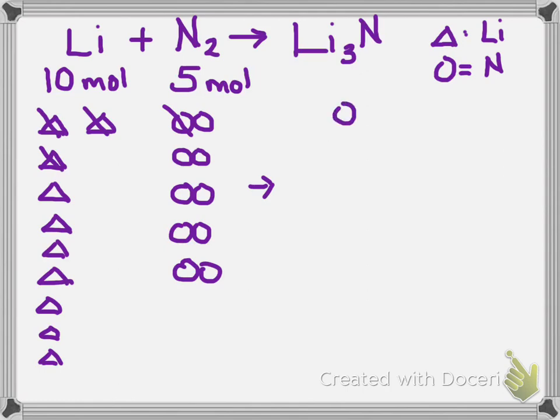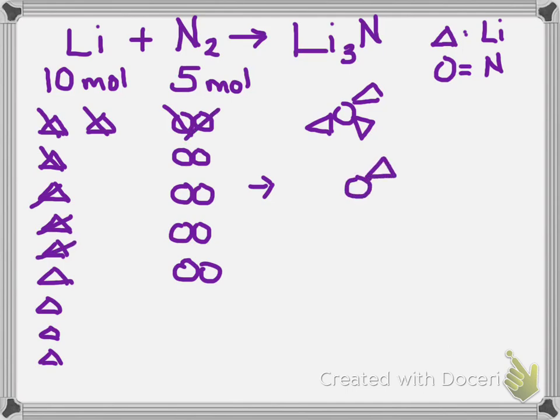What you'll see is that I'm connecting. I have 1 nitrogen and then 3 triangles are the lithium. I'm going to keep doing this until I run out of things to put together. So if I'm going to make another lithium nitride, I would do 1, 2, 3 lithium and another nitrogen.